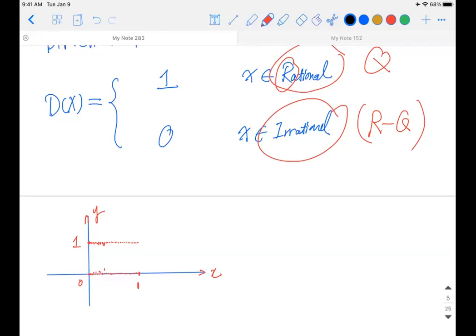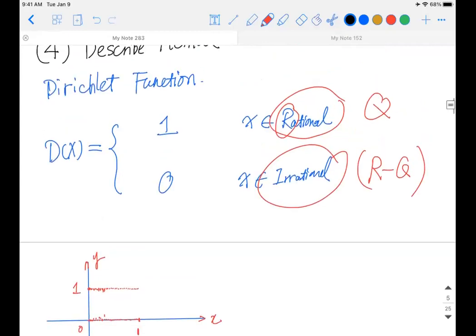So that being said, this function is fluctuating up and down very quickly, right? It is very difficult for us to find the expression of such a function. How can you use an expression like y equals some kind of x to present how such a function looks?